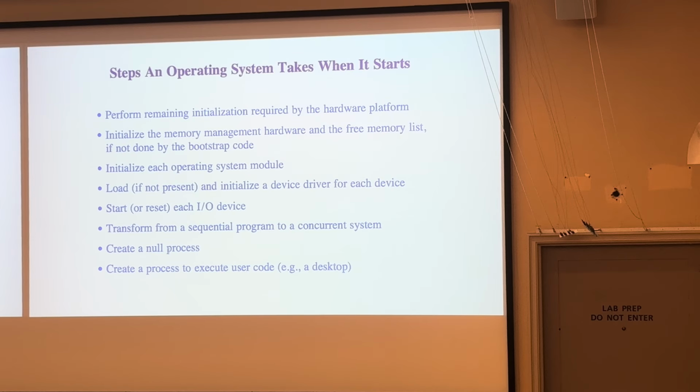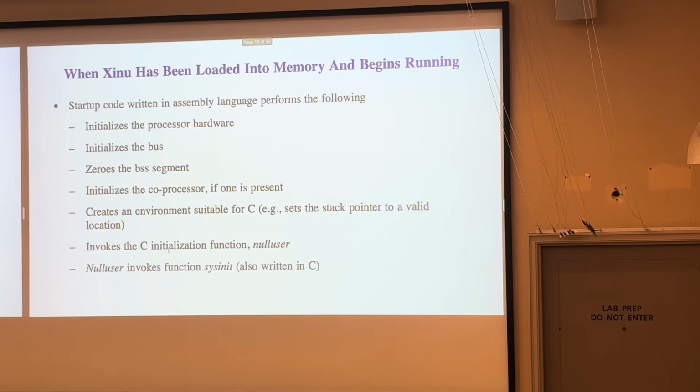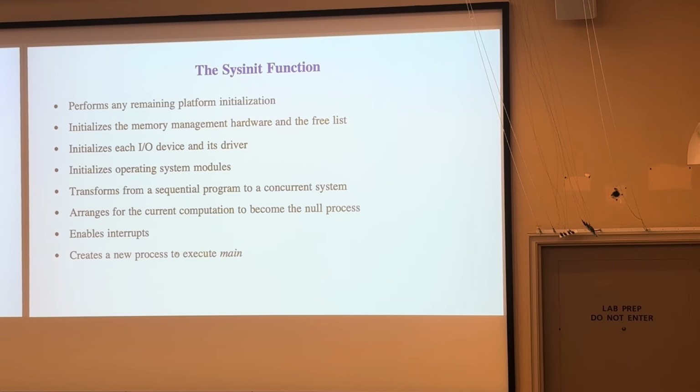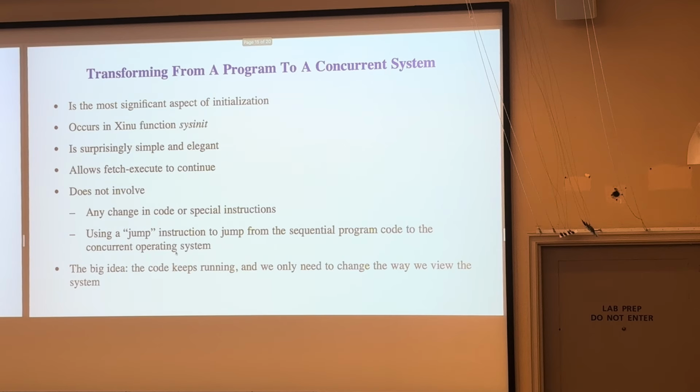Okay. So what happened in that step? We'll come back to this, but let's look at the more interesting part: how that transformation is done. How to transform our sequential OS execution to a concurrent program system.